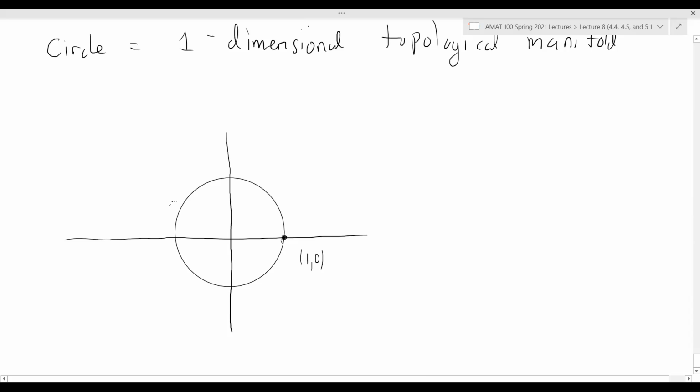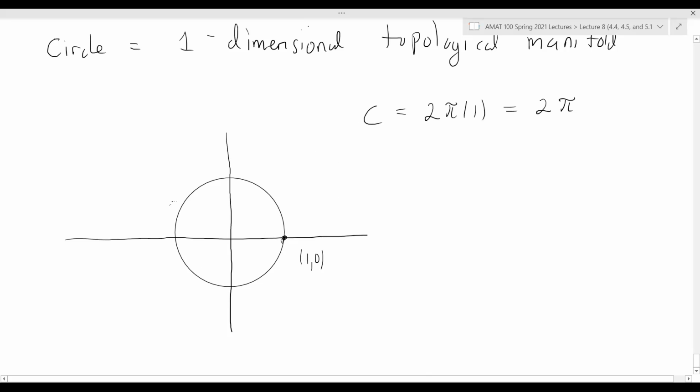Because this is a unit circle, if you go all the way around the circle, you've traveled the circumference. The circumference of the unit circle is 2 pi times the radius, but the radius is just 1, so it's 2 pi.